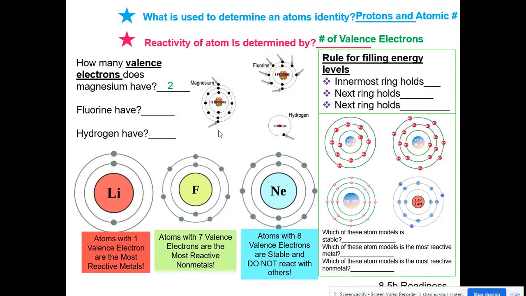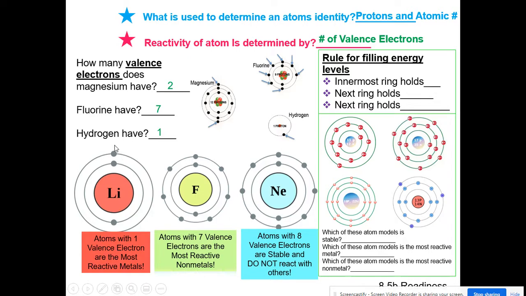What about fluorine? 1, 2, 3, 4, 5, 6, 7. Fluorine has 7 valence electrons. Lastly, hydrogen. 1. Hydrogen has 1 valence electron. Atoms with 1 valence electron are the most reactive.